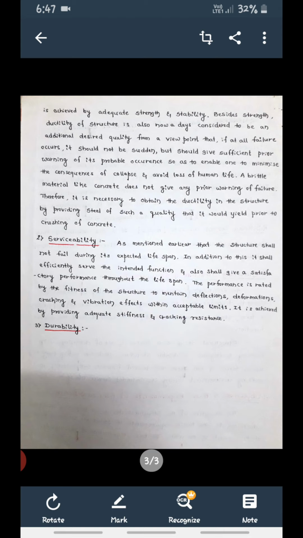That is, what are the different methods which will be used for the design of these RCC elements, like the working stress method and the limit state method. Then what are the differences between the working stress and limit state? Why are we now switching towards the limit state method? How is it advantageous over the working stress method? That is going to be studied.